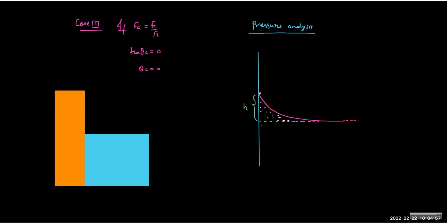It is not empty, so of course we have liquid below as well. So the moment you reach the flat part, the pressure here is exactly same as atmospheric pressure.